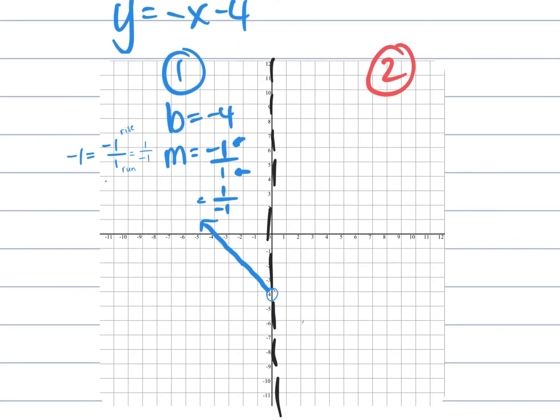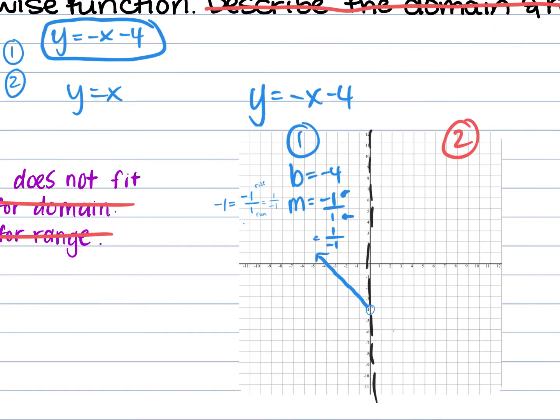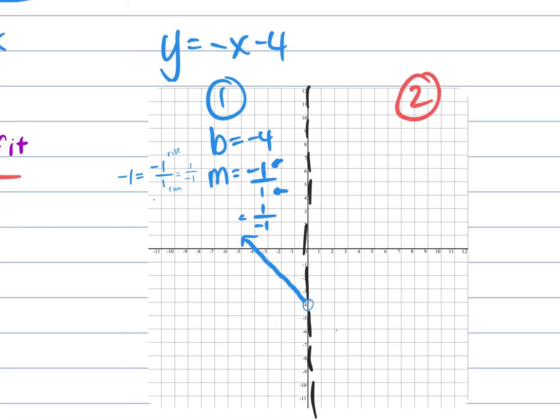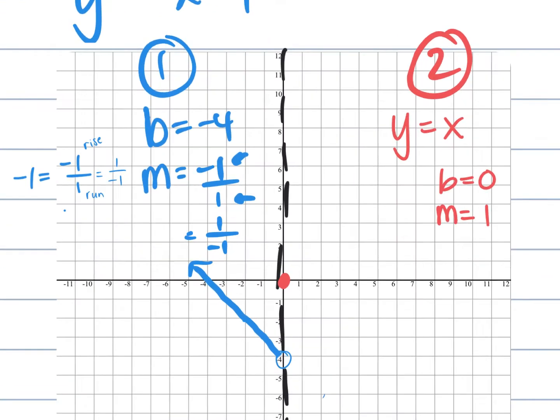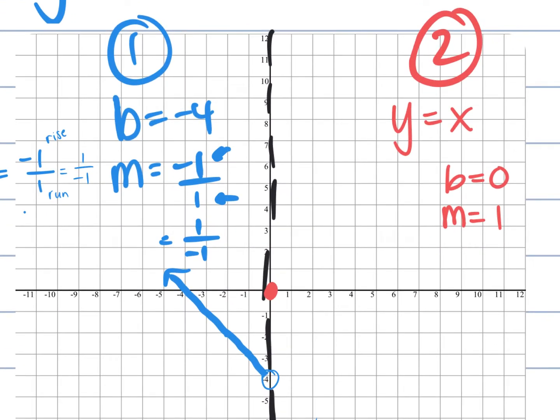So now for piece number 2, what was my equation for piece number 2? y equals x. Someone help me graph that. Go ahead, Nathan. Start at 0, why? b is equal to 0. What's m equal to? 1. So if my slope is 1, how should I move?